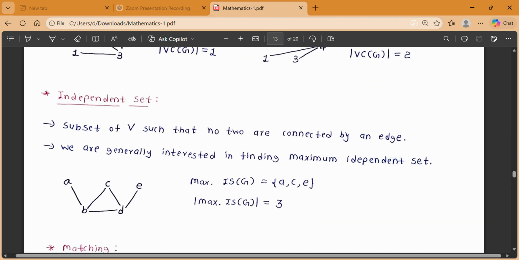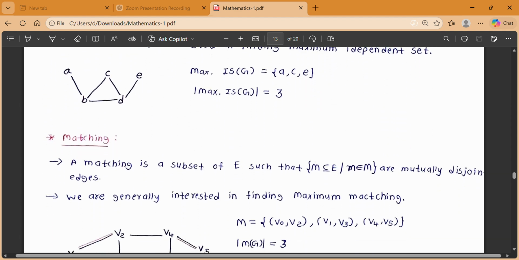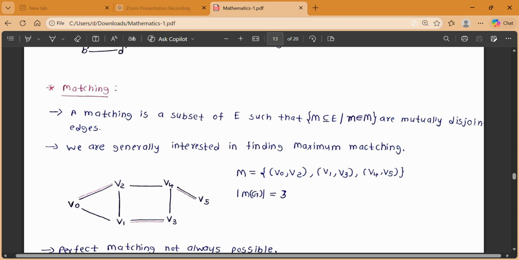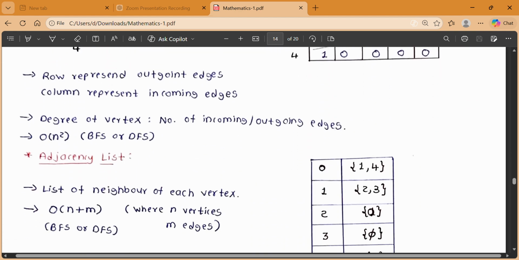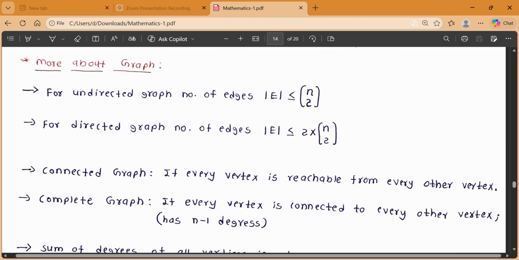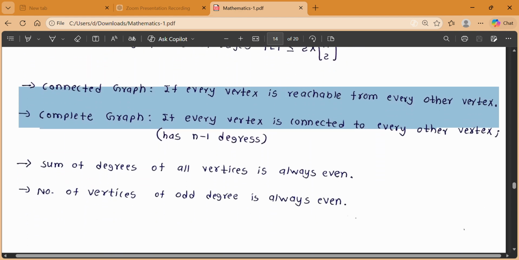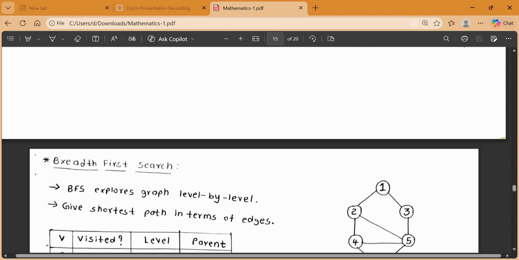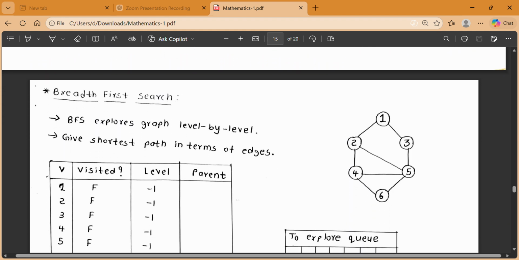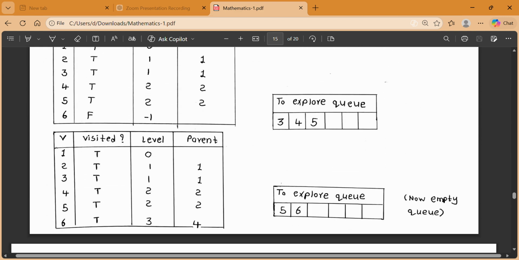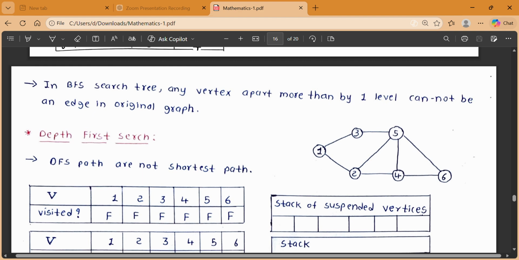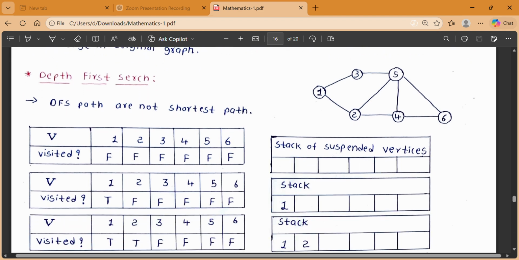Minimum coloring, vertex cover and independent set, matching, and adjacency matrix. Connected graph: for every vertex there is a path. Breadth first search and depth first search.